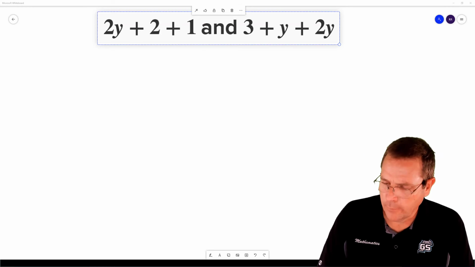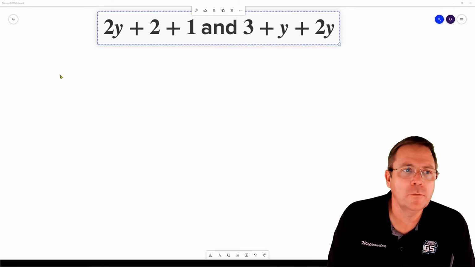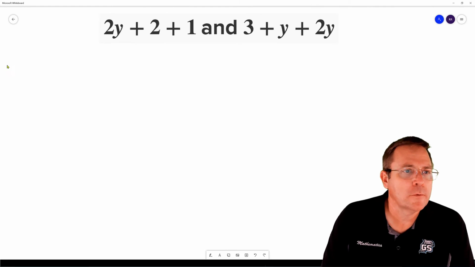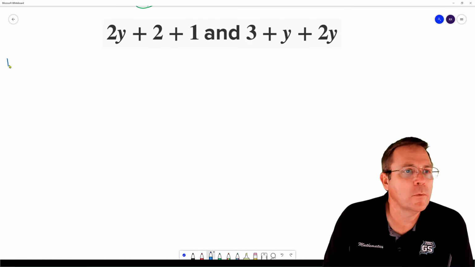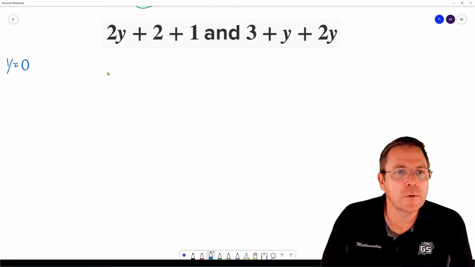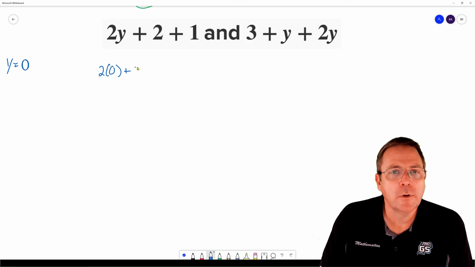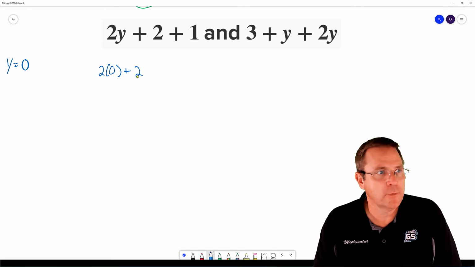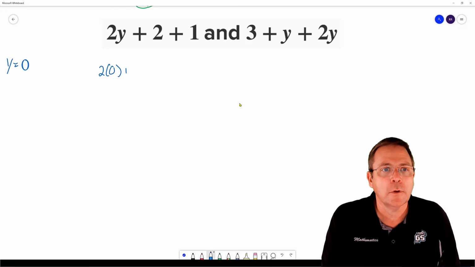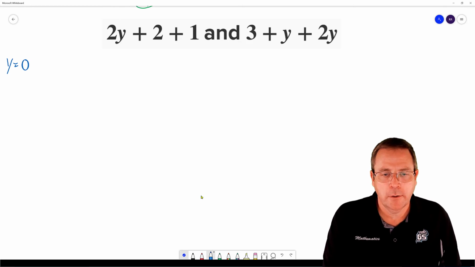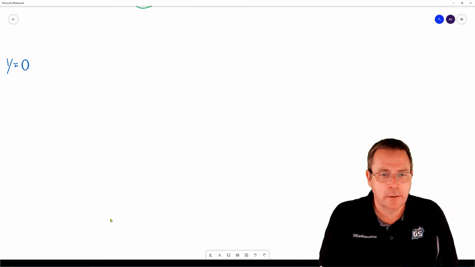So let's take a look at these. First number I'm going to use is going to be 0. So I'm going to say let x, we're dealing with y here, not x. So y is going to be equal to 0, which means my first problem is going to be 2 times 0 plus 2, and that is not even the right problem, is it? So let me go back and get the right problem up here because we are not doing this one right. Get rid of that.